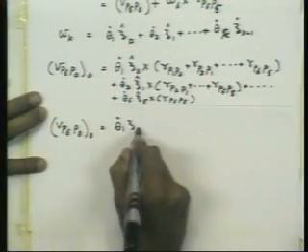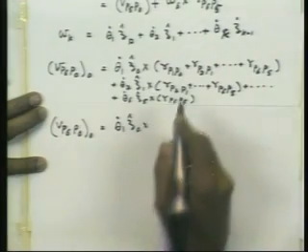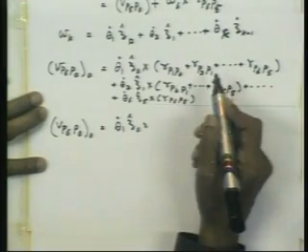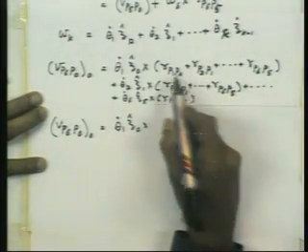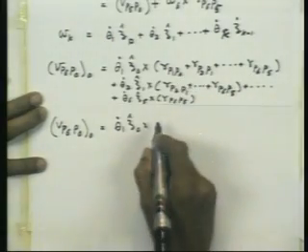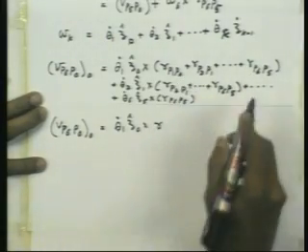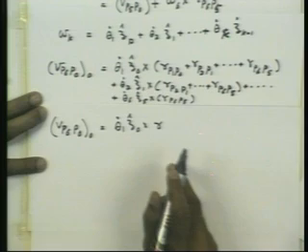So I club all this together. When I sum up all these vectors, I get R P6 with respect to P0.